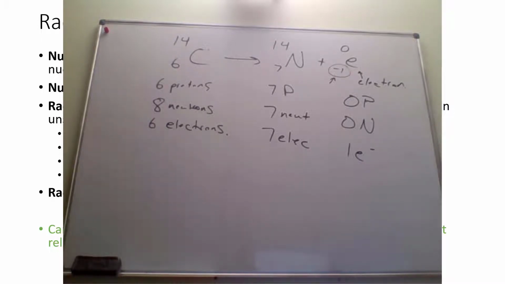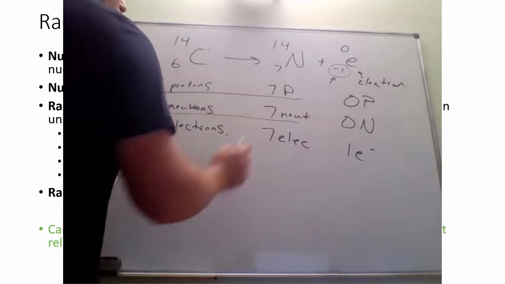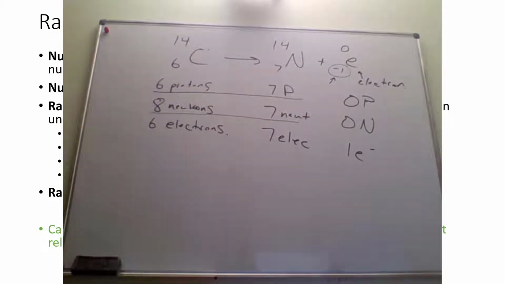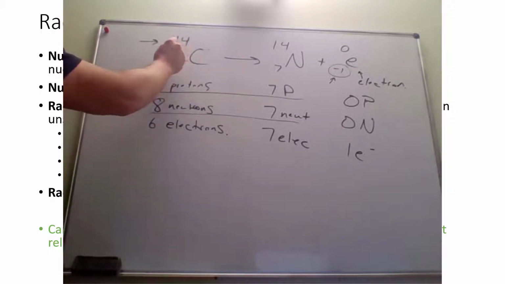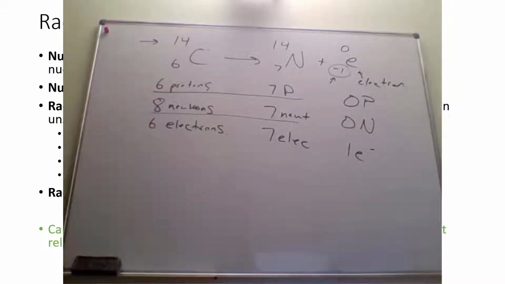Okay, so what we can see has happened here is that we have a change in our number of protons, a change in our number of neutrons, and a change in our number of electrons. And if we take a look, we see a conservation in our atomic number and in our mass number. Our mass numbers here, we start with 14 on our reactant side. 14 plus 0 also equals 14. So we see no net change in our mass number.